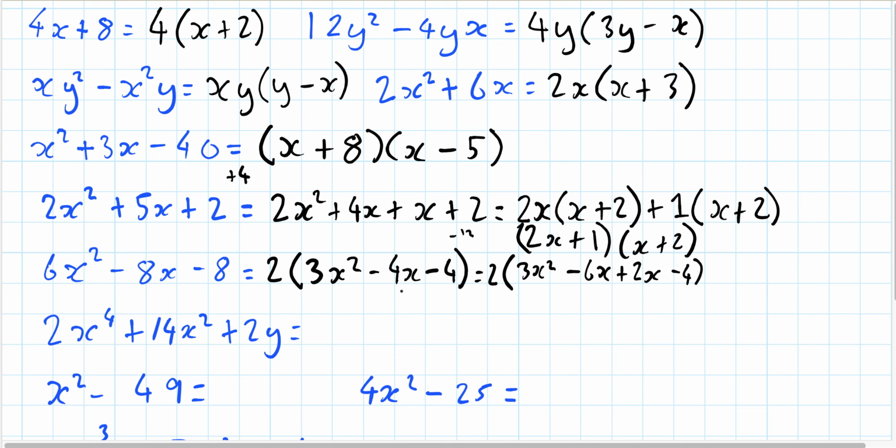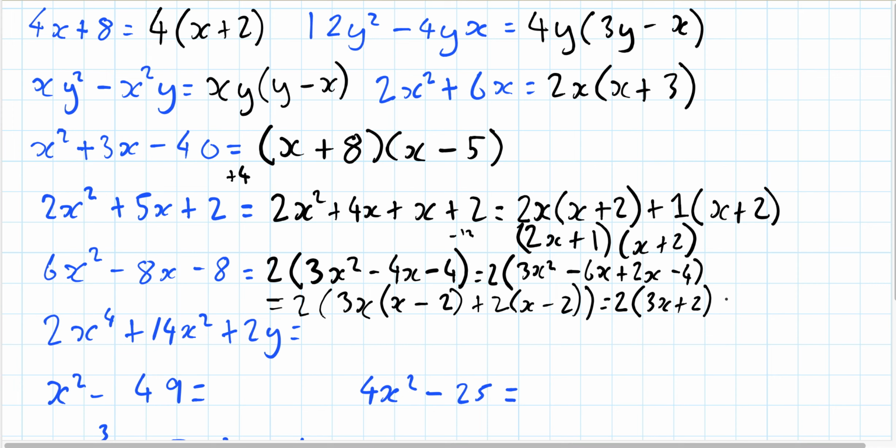That equates to 3x times x minus 2, and then we do the same thing, x minus 2 plus 2. So my final answer becomes 2 bracket 3x plus 2, and then x minus 2.